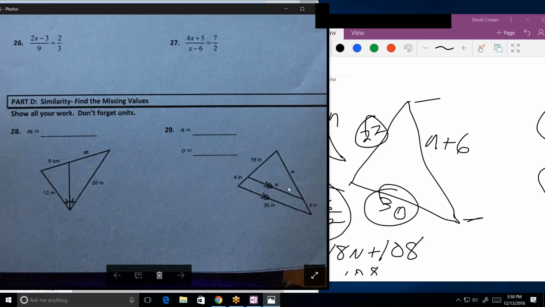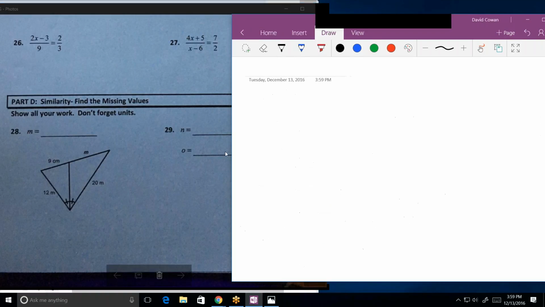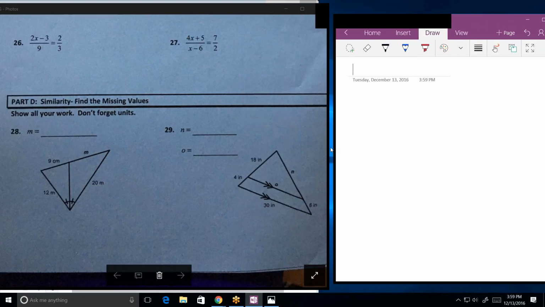The most important thing on 29 is recognizing that you're dealing with similar triangles. The mistake that you might make here is trying to compare this similar triangle with this trapezoid. Let's see what happens there. I'm not sure that's actually a deadly mistake. It might actually work.